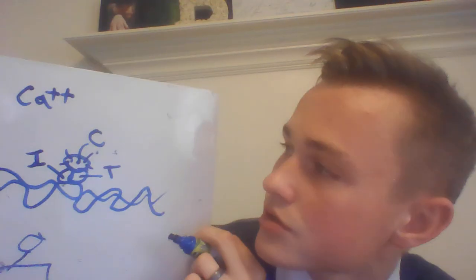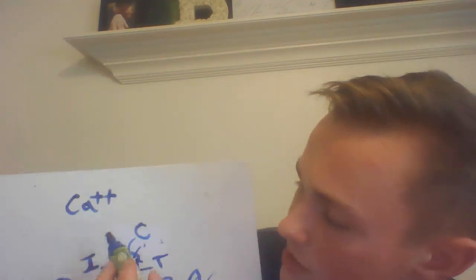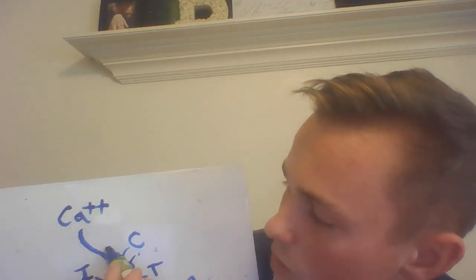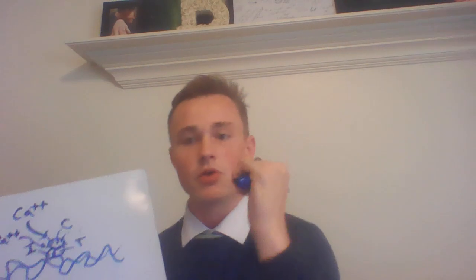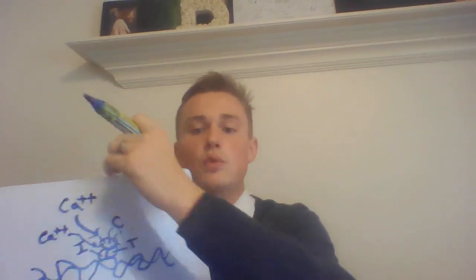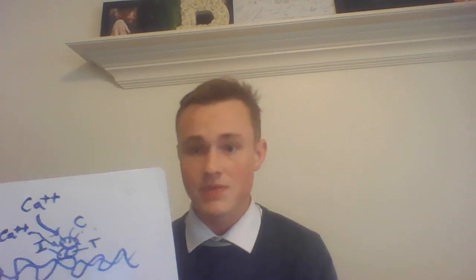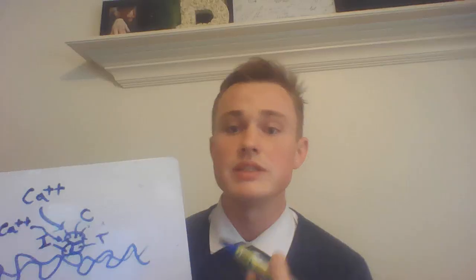So when calcium comes in and is flooding the sarcoplasm, it will come in here and it will bind to what is known as low affinity calcium sites, meaning they bind, but they are only binding there because there's an overwhelming concentration of calcium in the system once we release it from the SR.